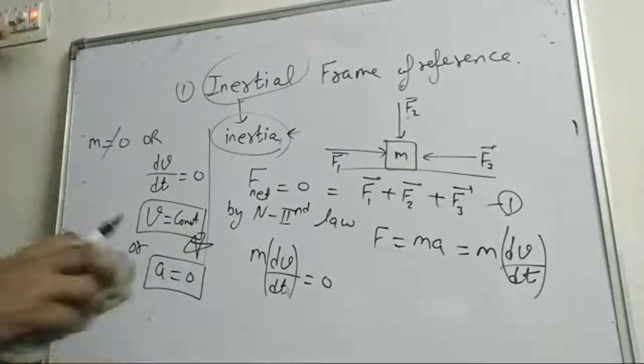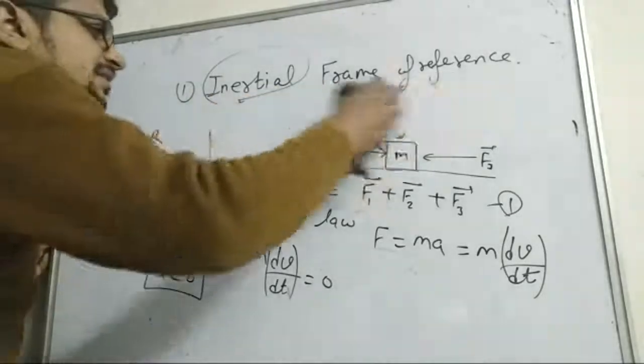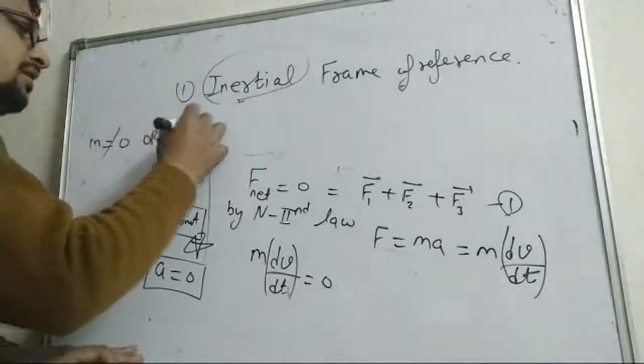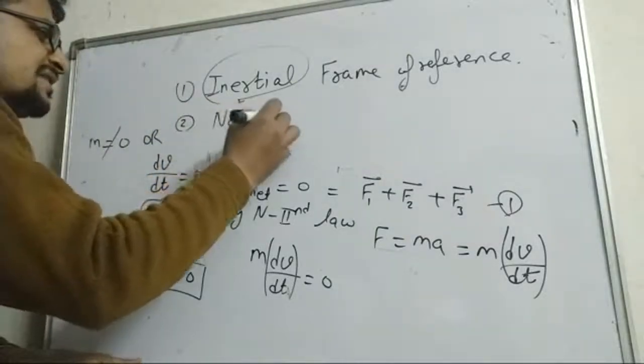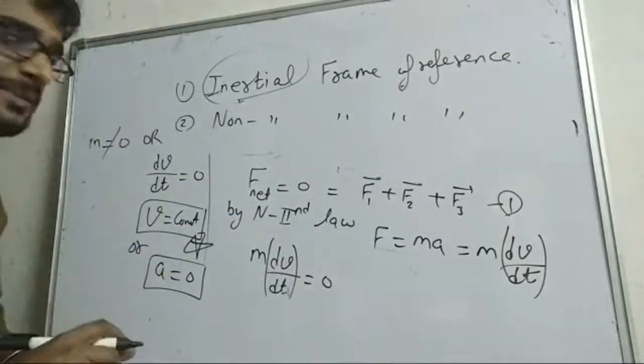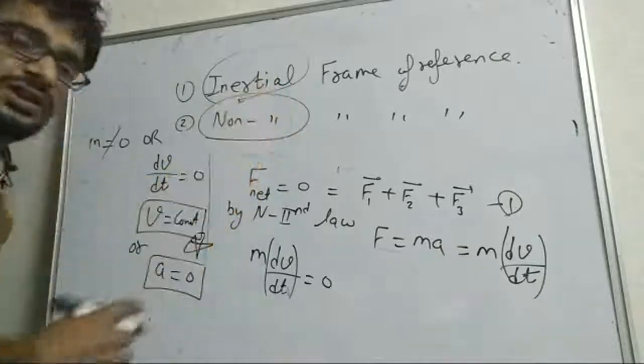Now, we have the second type of frame of reference, which is the non-inertial frame of reference. Non-inertial is just the opposite term of inertial.